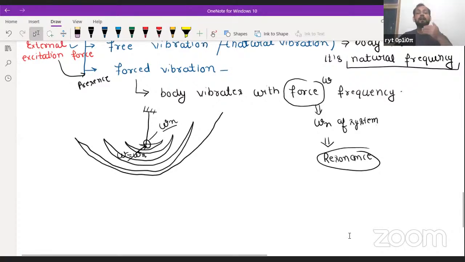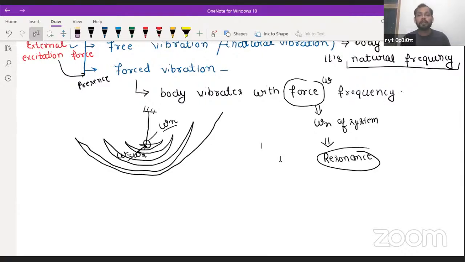And when the army was passing through that bridge, it matched with the natural frequency of the bridge, so it was subjected to resonance, and corresponding to the resonance condition, that bridge failed. So after that, the analysis was done on why the bridge failed, and that resonance concept came into the picture. So we should always avoid our system being in this resonance condition.